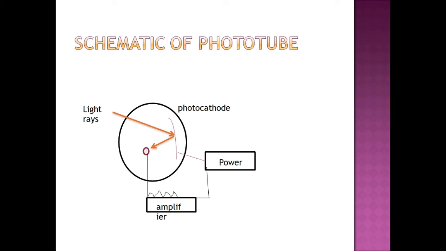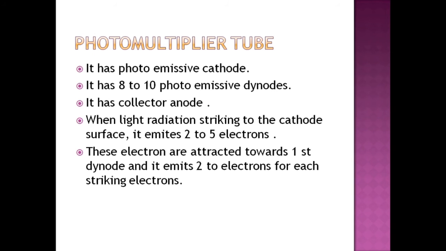This is a schematic diagram and working of the phototube. Now next is the photomultiplier tube. This detector is the most popular and sensitive detector. It has an evacuated glass tube or quartz tube.